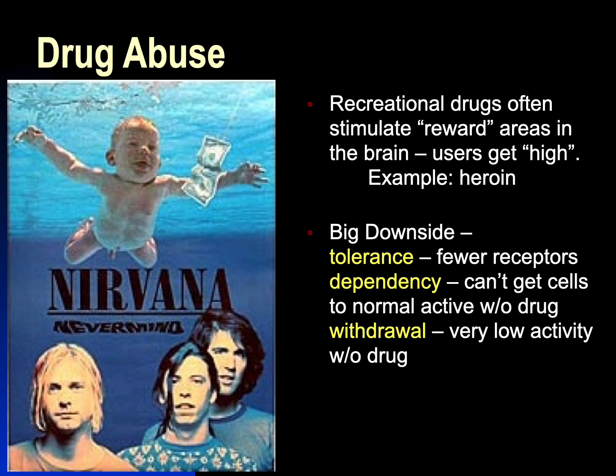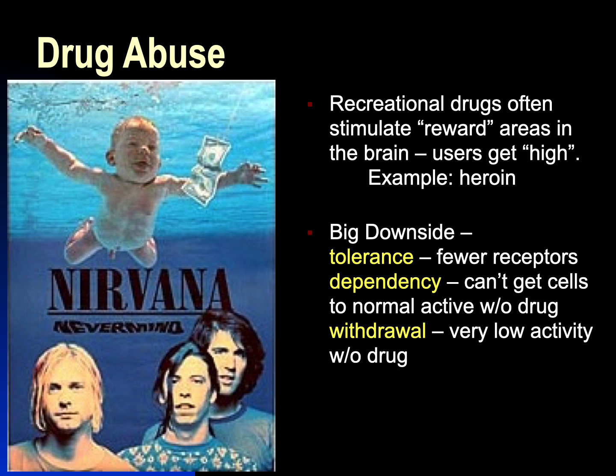And so you can't get normal activity of the receptor unless you take a lot of the drug. So people become dependent. They have to take more and more of the drug to get normal activity. So after a while, they're not even getting high. They need the drug so that they're not sick, so that they don't feel depressed or bored or whatever. And so this leads to really big problems, higher and higher dosages, heavier and heavier withdrawal.